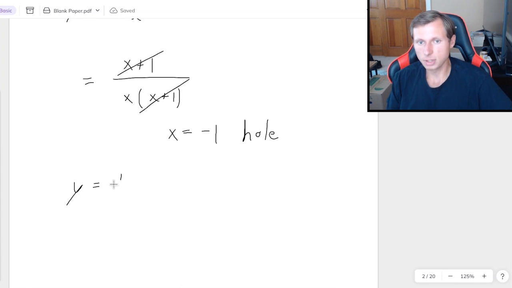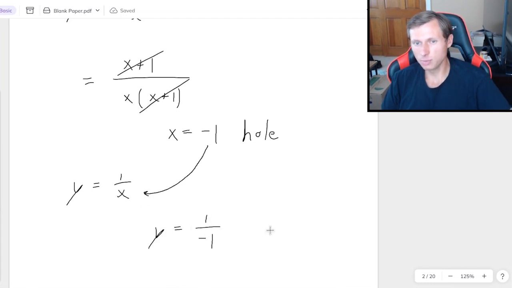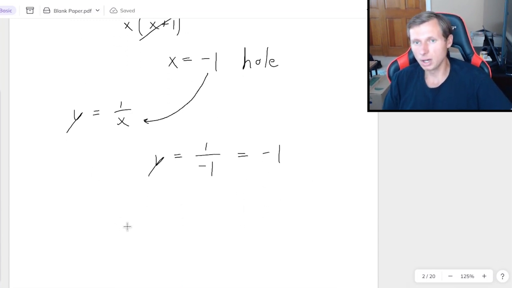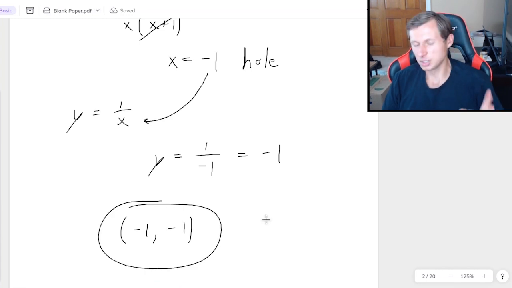Well, then it means my function is 1 over x, where x cannot be negative 1, because again, that's the hole in the graph. But if I want to find the y value, now I just plug in negative 1 right there into x. And so y equals 1 over negative 1, which is just negative 1. So then the coordinate point of the hole is negative 1 for x, negative 1 for y, and there's our answer. That's all we're doing today. We're not graphing. We're just going to find the location of the hole.